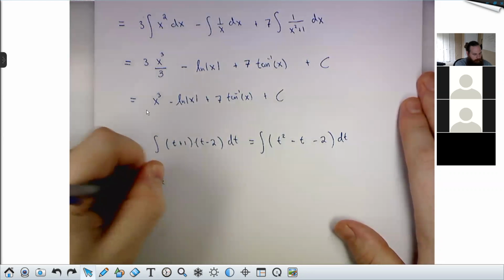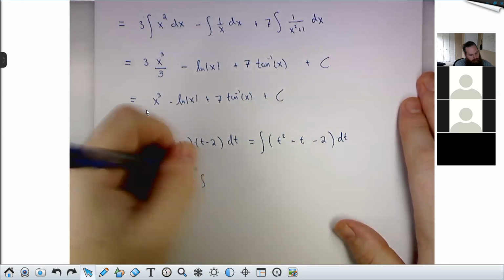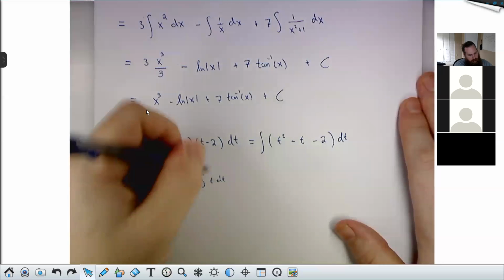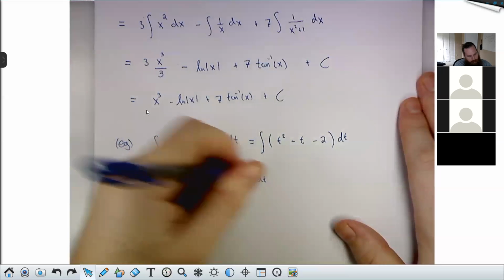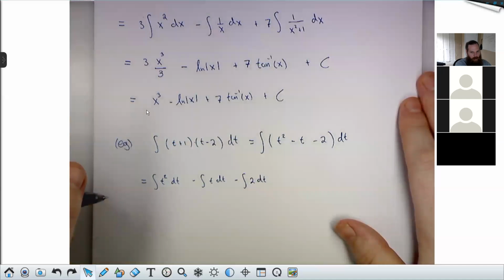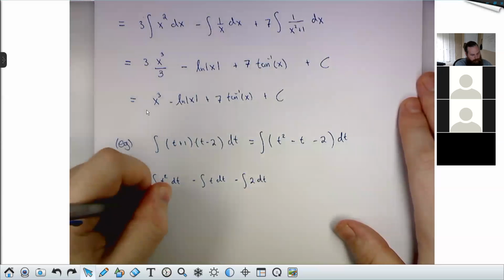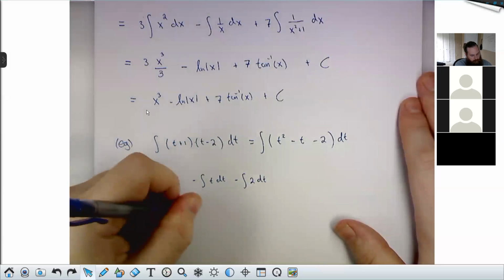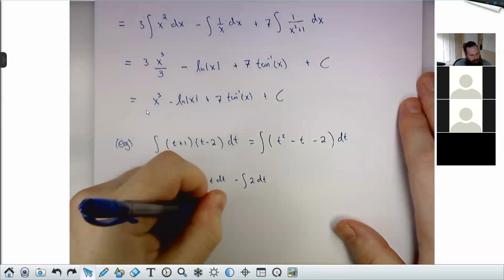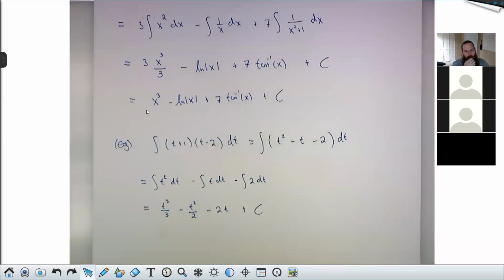That's the integral of t squared dt minus the integral of t dt minus the integral of 2 dt, which is t cubed over 3 minus t squared over 2 minus 2t plus c, all coming from the power rule.